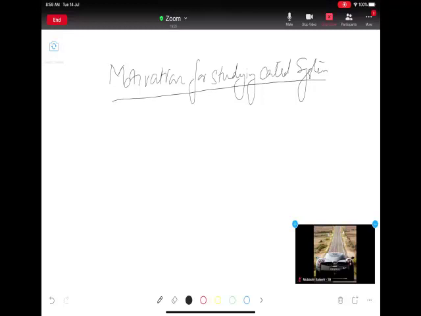So the basic motivation is that the engineer is basically supposed to control things, to design and control. That's what his basic objective is.